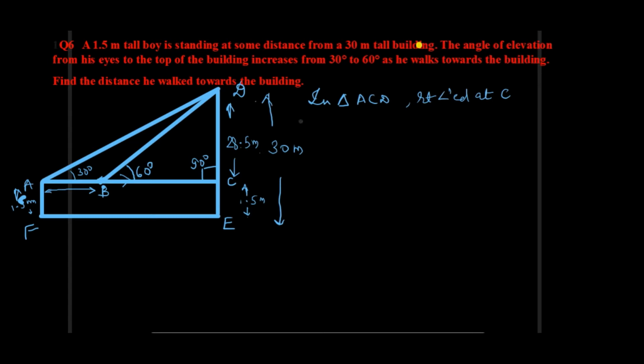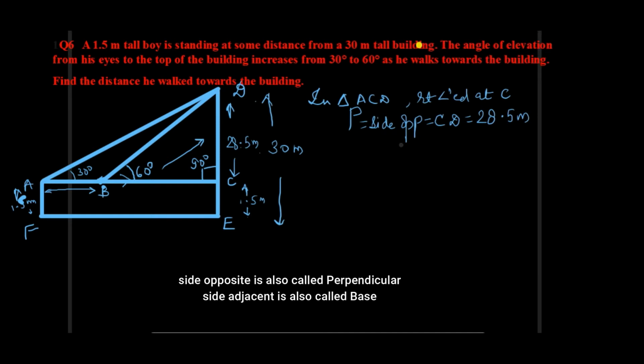So in this right triangle, the perpendicular, or you can say the side opposite, is equal to CD, and it is given to us as 28.5 meter, right? And we need to find AC because it is asking us AB, so we cannot calculate AB directly.